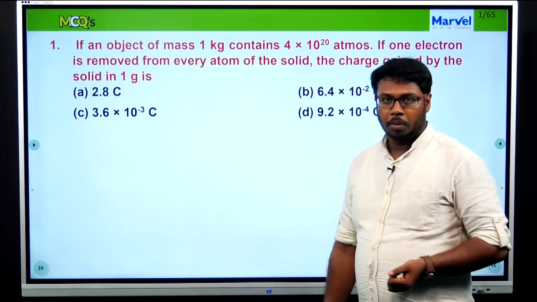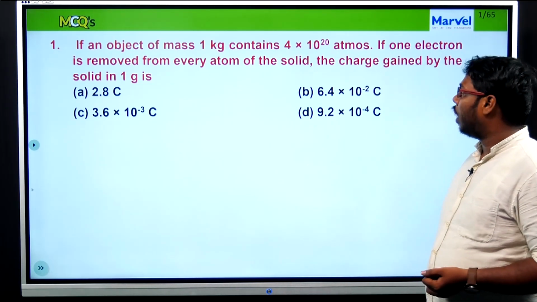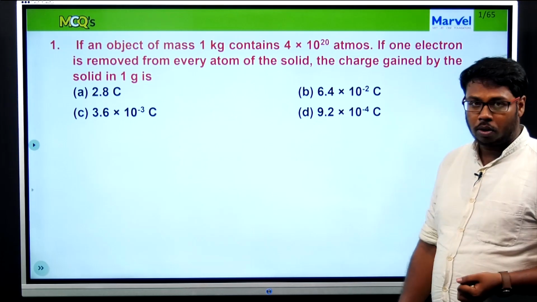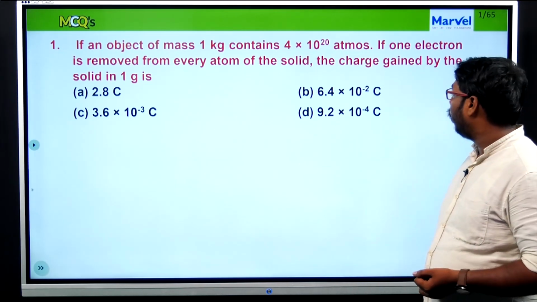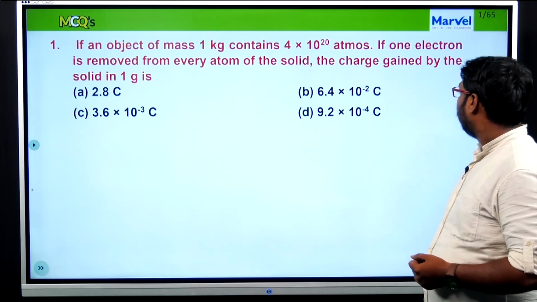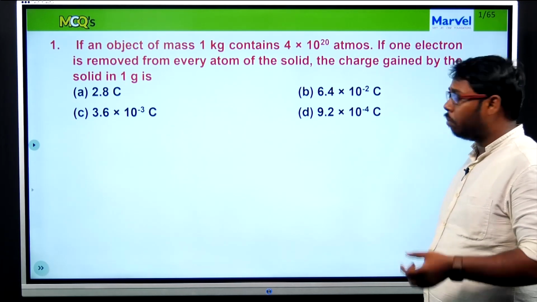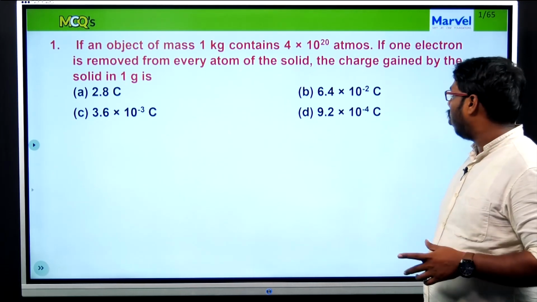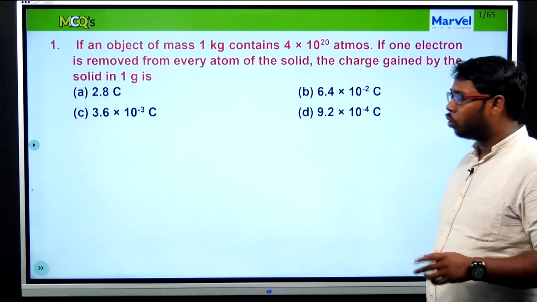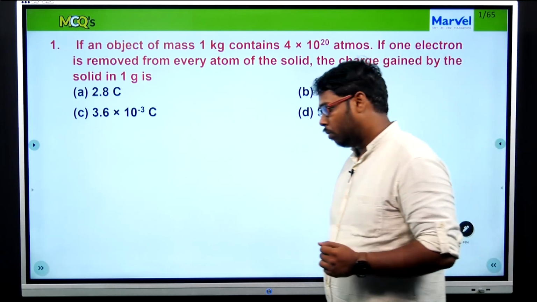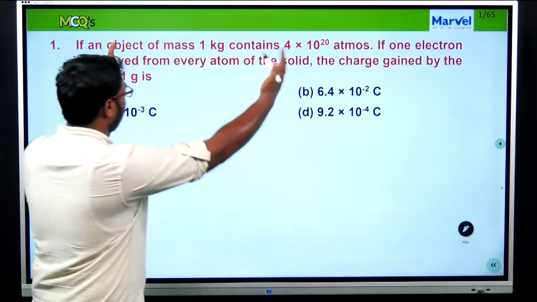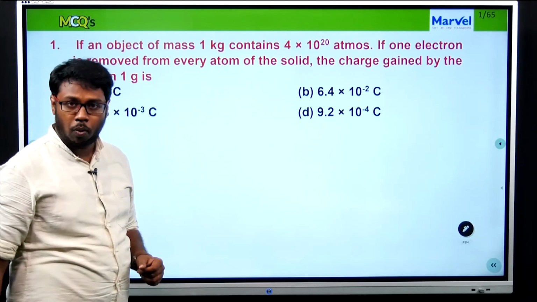So to begin with, if an object of mass 1 kilogram contains 4 into 10 power 20 atoms, if one electron is removed from every atom of the solid, the charge gained by the solid in 1 gram is. So first the object is of mass 1 kilogram.